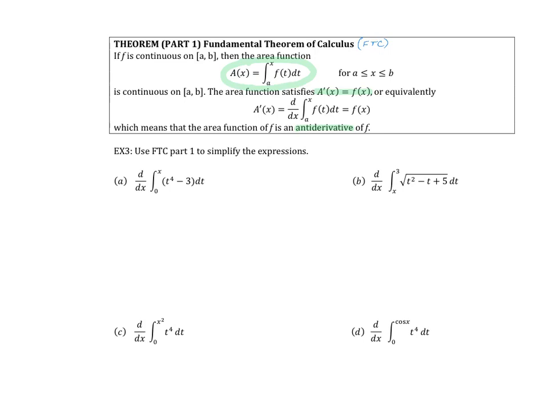And that works because this is an equation. I'm allowed to take the derivative on both sides. What's going to happen is when we take the derivative on both sides of this equation, we just get that the derivative of our area function is equal to our integrand of f of x, which is the definition of an antiderivative.